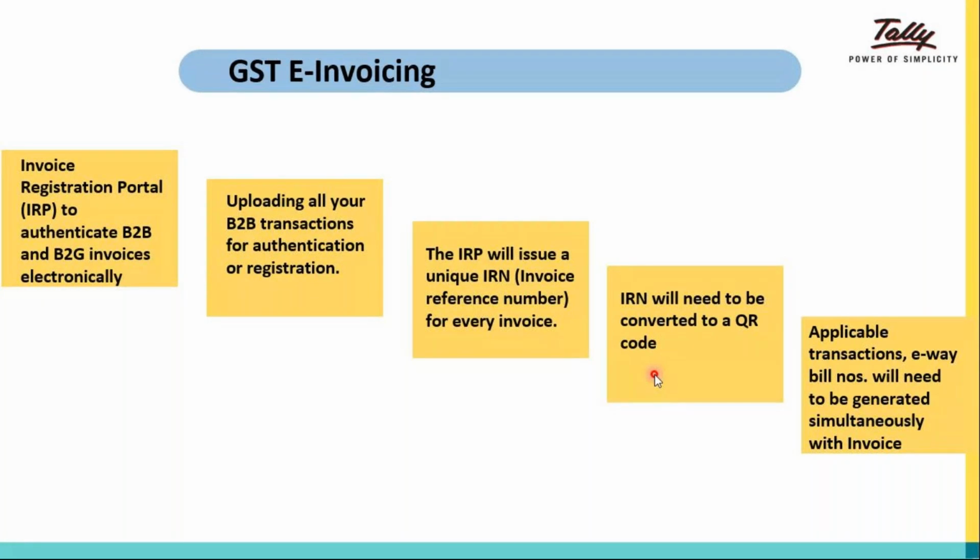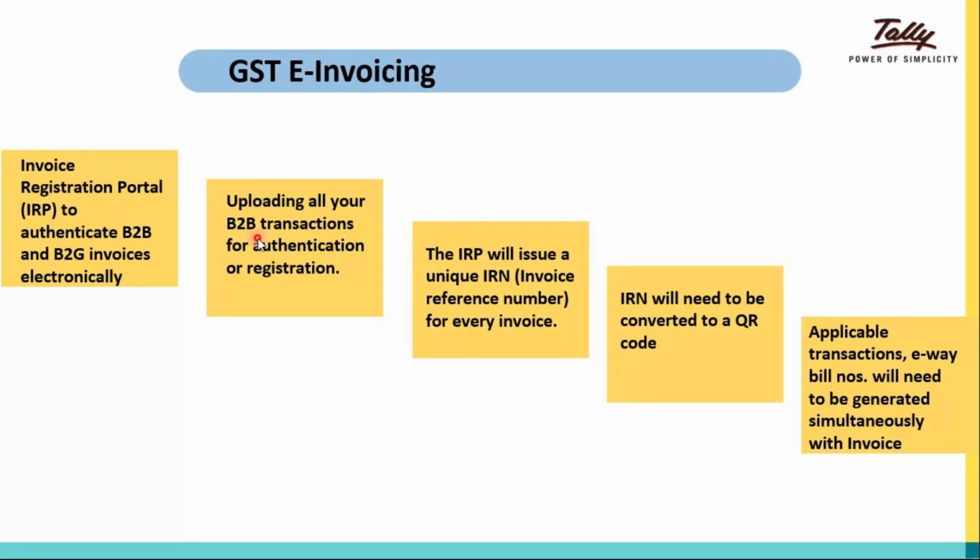Fine. So in the last point, when I'm saying e-invoicing, that means you have to authenticate your B2B and B2G business transactions. B2B is business to business, B2G is business to government. Suppose in one of your B2B transactions you have a transportation transaction wherein you are transporting goods.